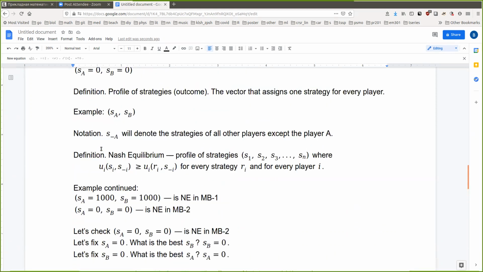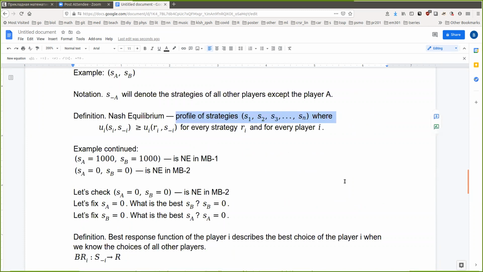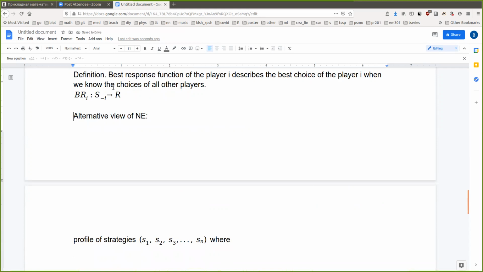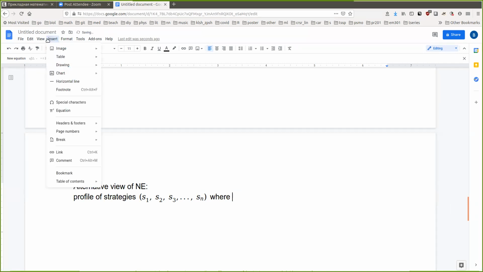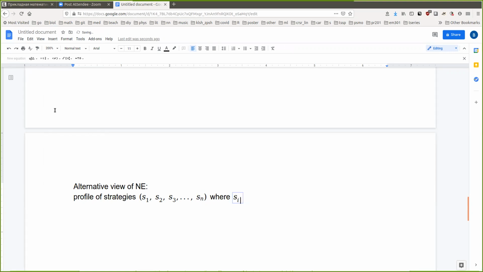So, the alternative view of Nash equilibrium: this is a profile of strategies where S_I belongs to the best response to S minus I, for every player I. So my strategy is the best response to the other strategies.